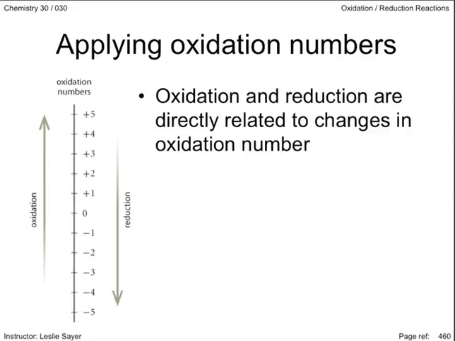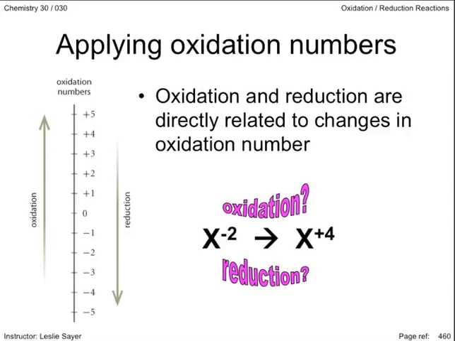Going from reactants to products, if an atom becomes less negative, which also means more positive, electrons are being lost. And so oxidation is occurring. Another atom will become less positive, which also means more negative, indicating that electrons are being gained, and so reduction is occurring.